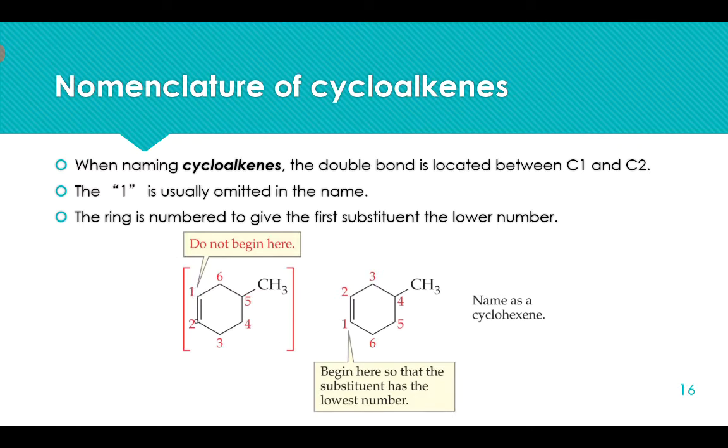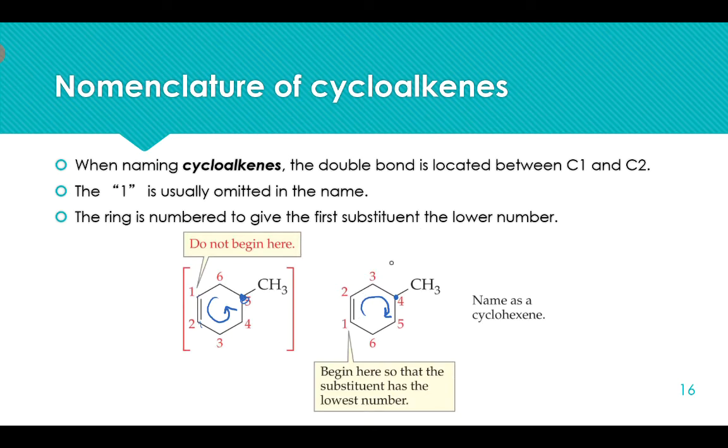But since you do get to pick which of these two carbons is carbon number 1, you have to keep in mind the location of the substituent. So if you numbered this direction around the ring, then that substituent would be on the 5th carbon. If you number around the ring in that direction, then it's on a number 4. And so that is making that a lower substituent number, which is preferred.